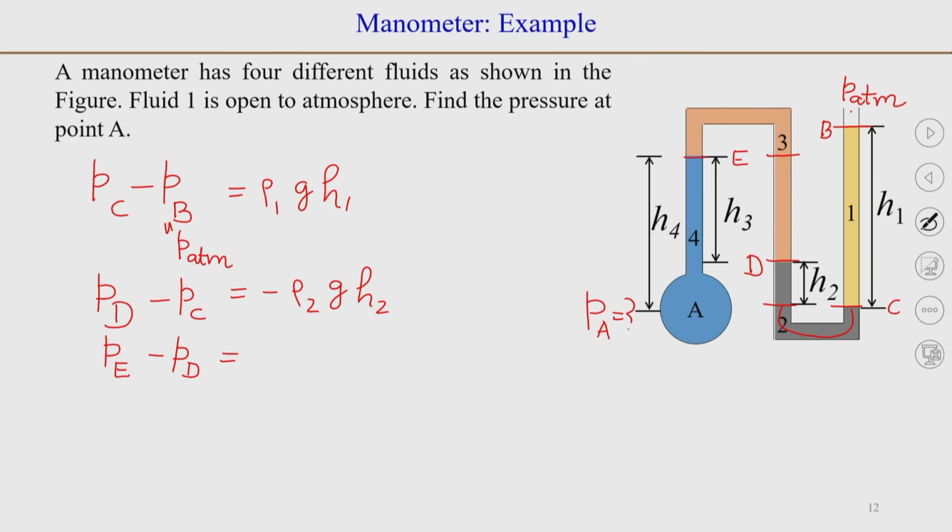So, we can write P E minus P D is equal to minus rho 3 G H 3.